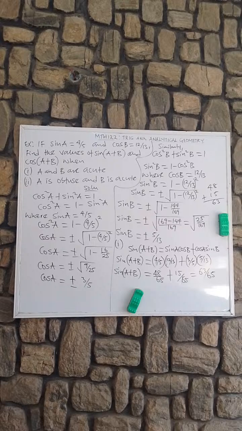From the question, we are supposed to have sine A and cos B. Lawal, Moses, point the mistake out. Let me hear from you. Maybe I'm not seeing what you are saying.